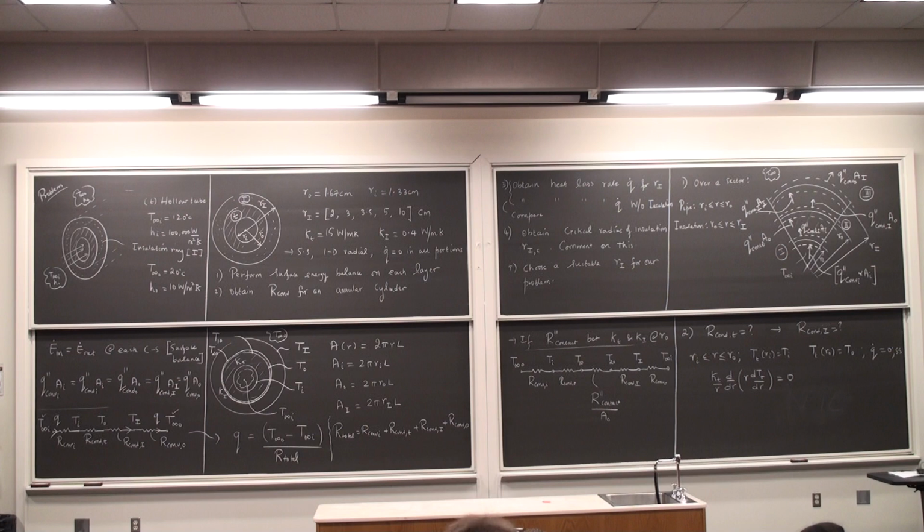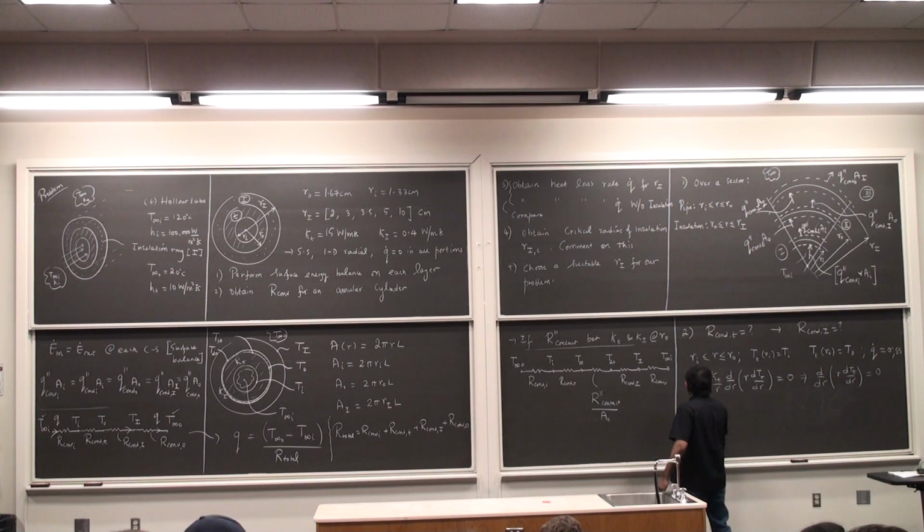Q dot is 0, dT by dt is also 0, so it reduces to this simple form. I can cancel off the Kt by R ratio on the left hand side, so this tells me d by dr, R dT by dr is 0. Integrate once, integrate twice.